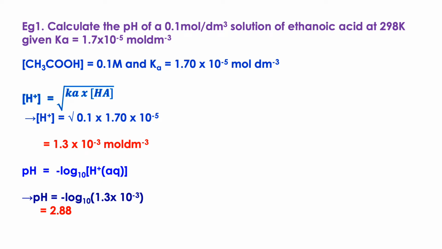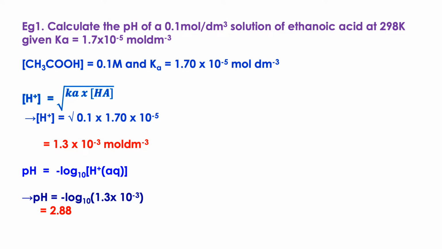Example 1. Calculate the pH of 0.1 moles per decimeter cube solution of ethanoic acid at 298 Kelvin, given Ka is equal to 1.7 into 10 to the power minus 5 moles per decimeter cube. The concentration of ethanoic acid given is 0.1 and Ka is equal to 1.7 into 10 to the power minus 5.